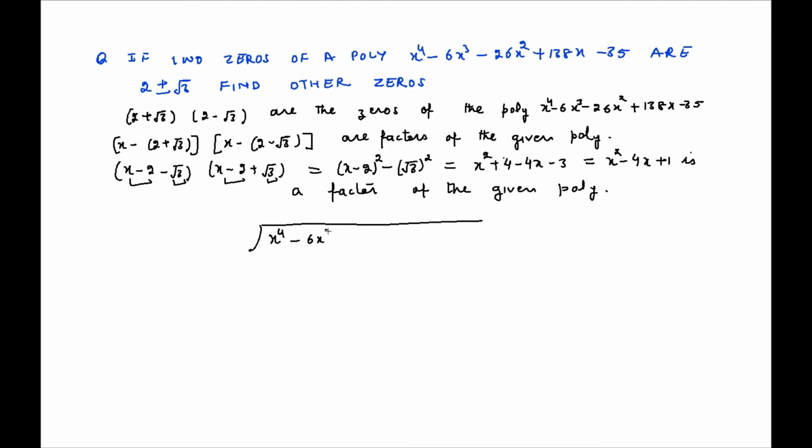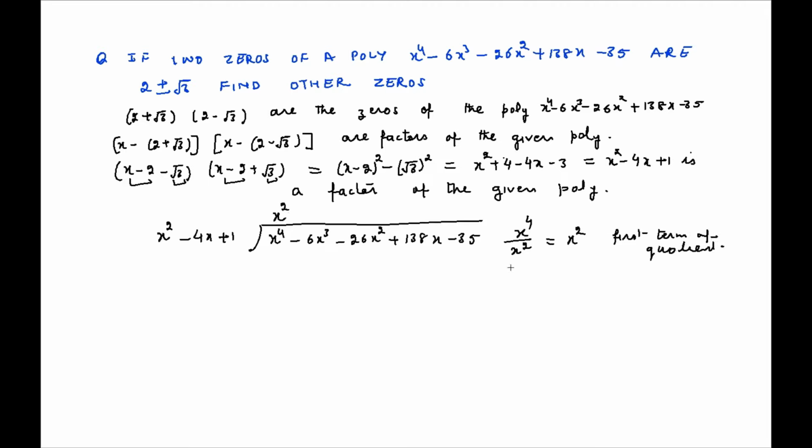So x⁴ − 6x³ − 26x² + 138x − 35 divided by x² − 4x + 1. So write x⁴ by x², first term of dividend upon first term of divisor will come out to be x². That is the first term of the quotient.